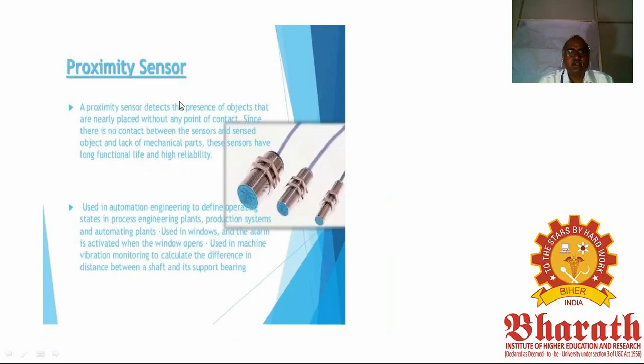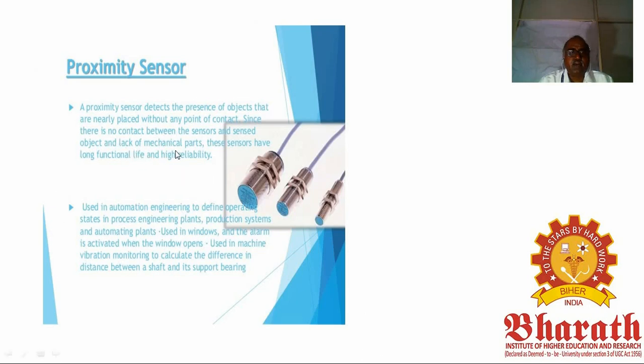Another important sensor which is widely used both in laboratory and industry is known as the proximity sensor. They are used to detect the presence of an object, how near the objects are, or sometimes for measuring distance.